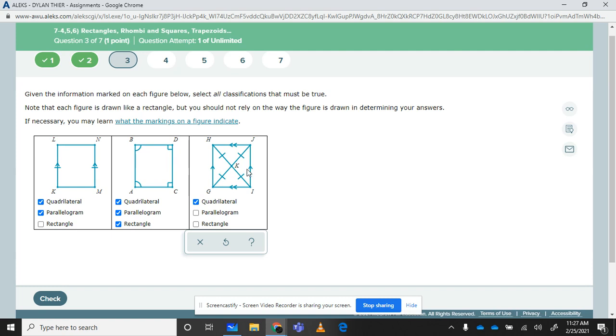And then finally on this one, it doesn't tell us anything about the angles in the corners. It does tell us we have parallel sides, and it does tell us we have congruent segments that are broken in half. Well, based off the last question we just saw, where if you have a rectangle and you connect the corners, you're going to end up right in the middle of those two diagonals.